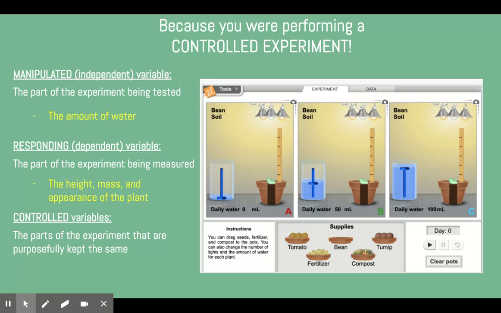The third kind of variable that we have are controlled variables. These are the parts of the experiment that are purposefully kept the same. So think about the gizmo and think about what you kept the same. What did you purposefully not change?